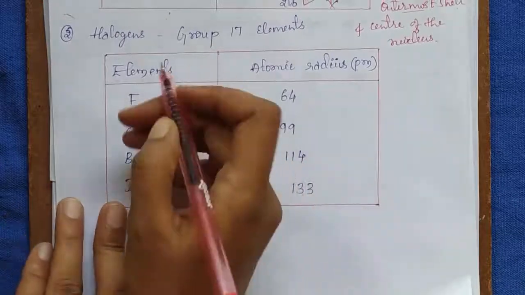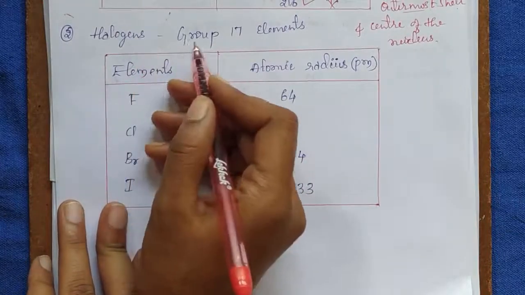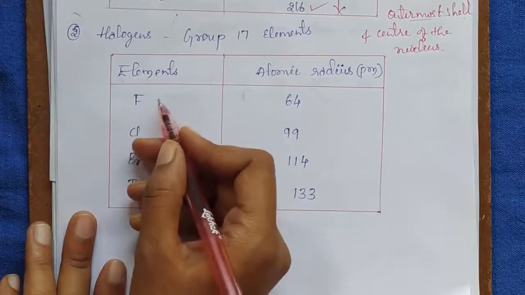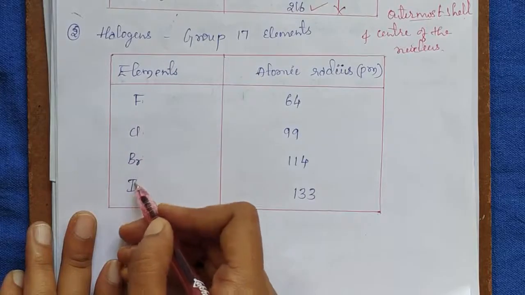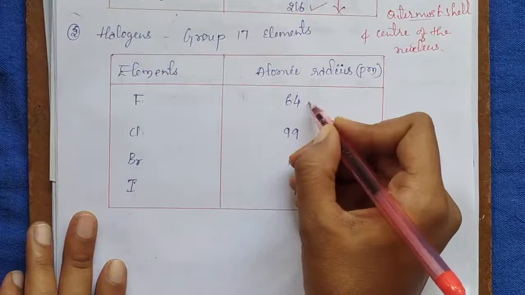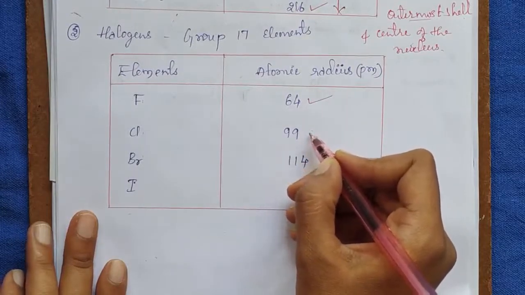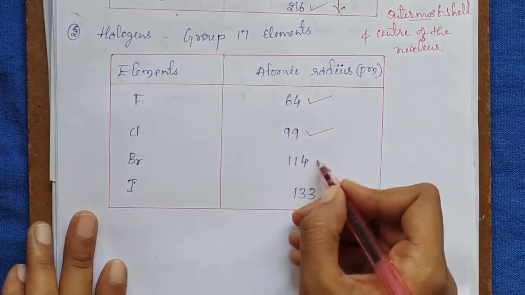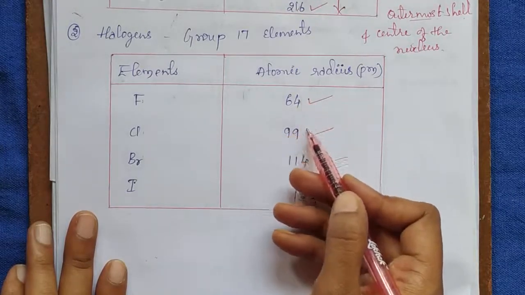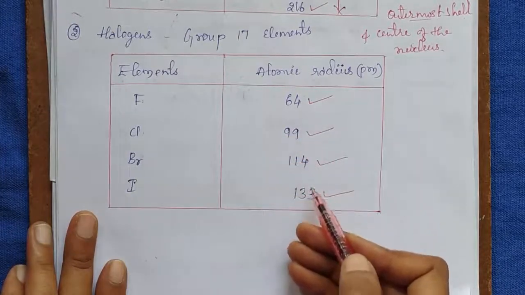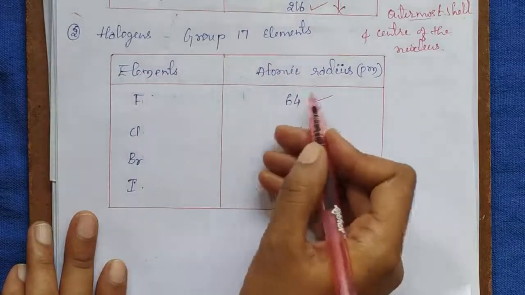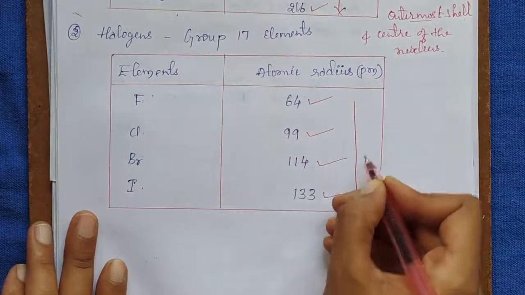We have taken halogens, the halogen group, that is group 17 elements: fluorine, chlorine, bromine, iodine. The atomic radius of fluorine is 64 picometer, chlorine is 99, bromine is 114, iodine is 133. You can observe the values here. As we move from fluorine to iodine, the atomic radius value goes on increasing.